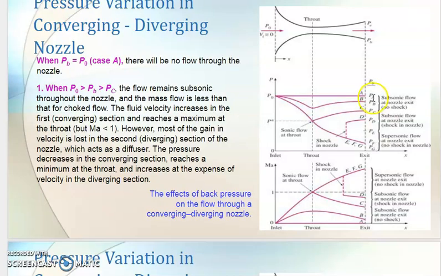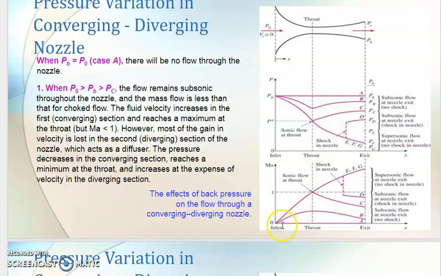What does PA mean? PA is when you have a back pressure similar to the entrance pressure, the stagnation pressure. Look here, the pressure is the same within the channel when X is increased. How about the velocity?